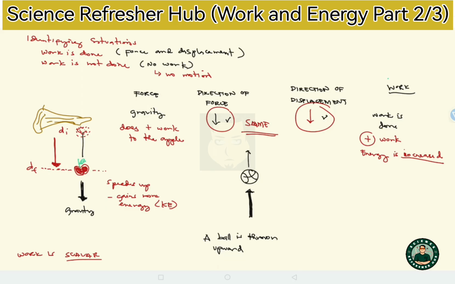Since the force is upward, let's say that's an applied force, or we can have it like FAPP, meaning applied force. A force being applied to the ball. And look at the direction of the ball, it goes up as well, following the direction of the force.